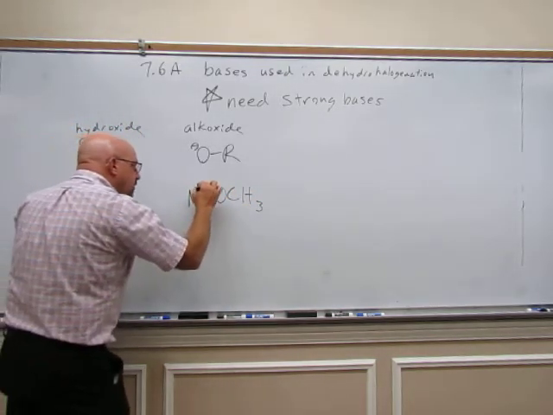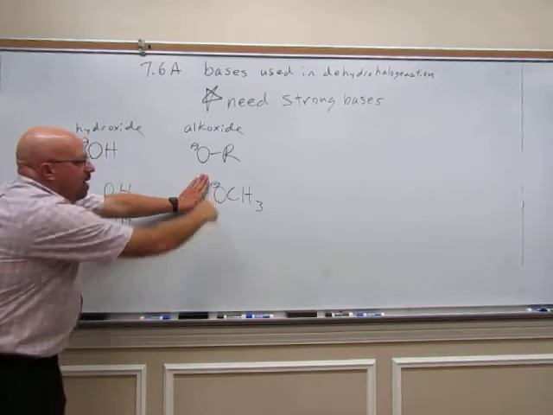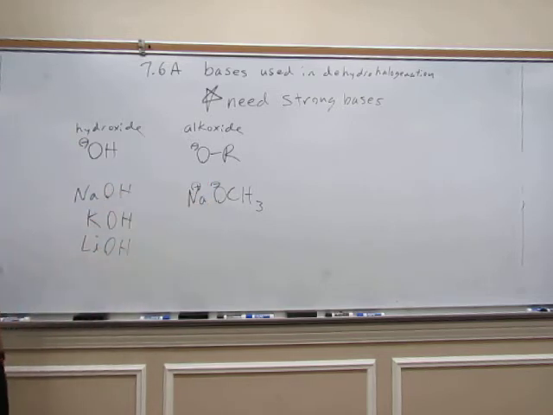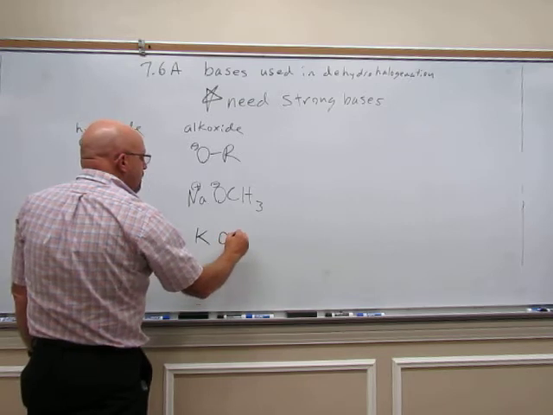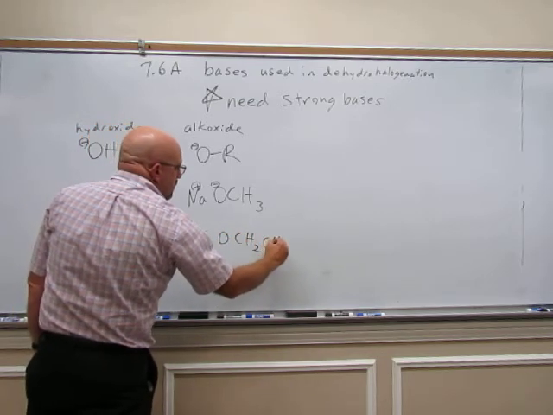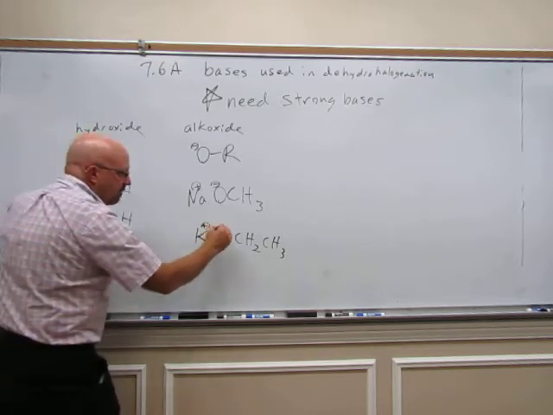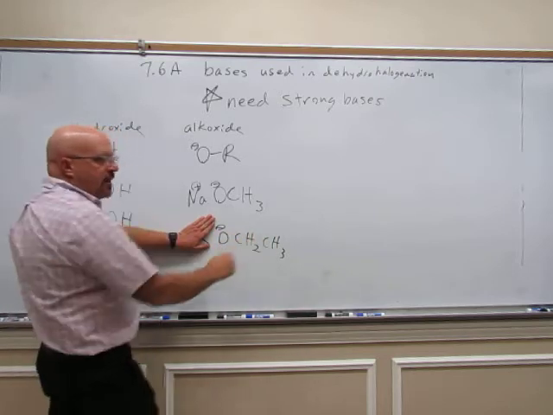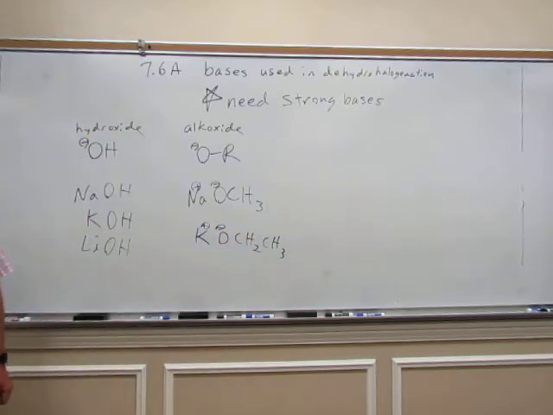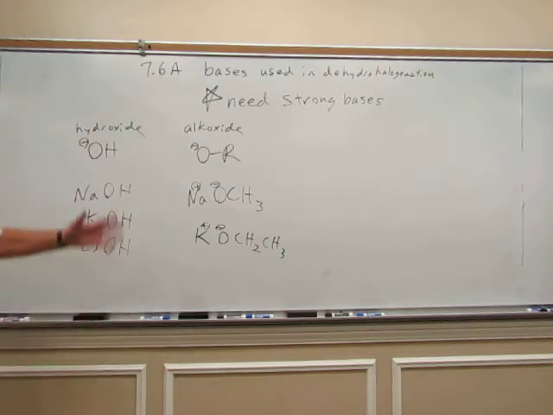Full plus charge on the sodium, full negative charge on that oxygen. Sodium doesn't matter. It's the methoxide that is the base. We could have potassium ethoxide. Full plus charge on the metal, full negative charge on that oxygen. Doesn't matter about the metal. That ethoxide is our base. That's a strong base. Okay, so any of the alkoxides are strong bases.